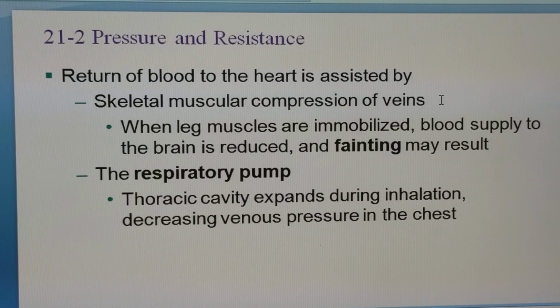When we contract skeletal muscle, we saw that the veins had one-way valves, and when there's compression, that's what's squeezing the veins to push the blood against gravity through the body. When the leg muscles are immobilized, blood supply to the brain is reduced and fainting may result.